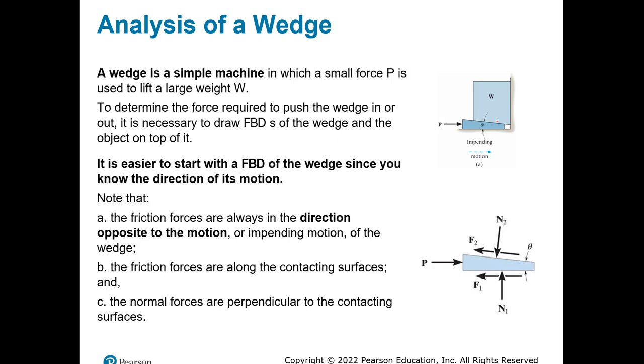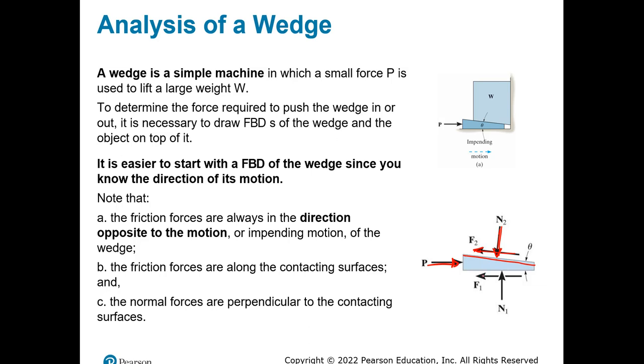So, for example, if you have the wedge, let's say we want to do a free body diagram on this particular wedge. This would be this. We have the normal force exerted by the weight, which is perpendicular to this surface. And then you have the frictional force that is going in the opposite direction of the movement, right?